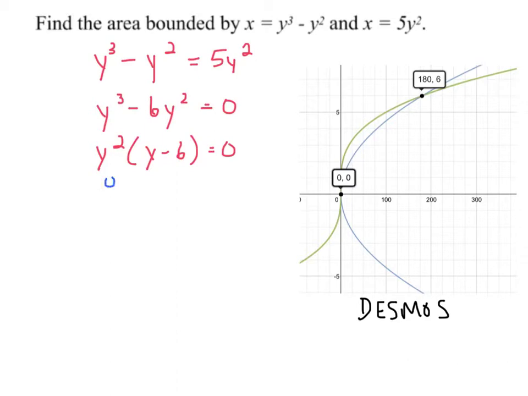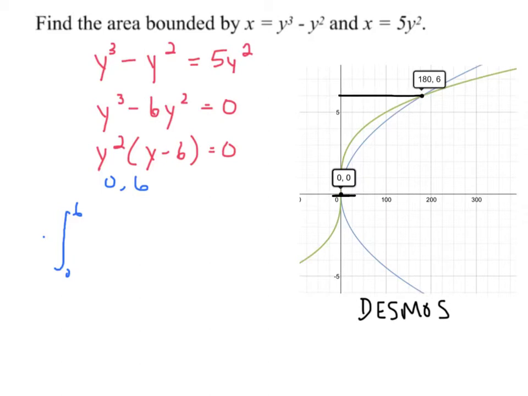So 0 and 6 are my zeros, so those will be the bounds of my integral. Now you can see that, I hope, we've got the parabola, we've got the cubic, and in terms of y, 0 and 6 are the bounds. Remember, we're doing this in terms of y, so 0 and 6.